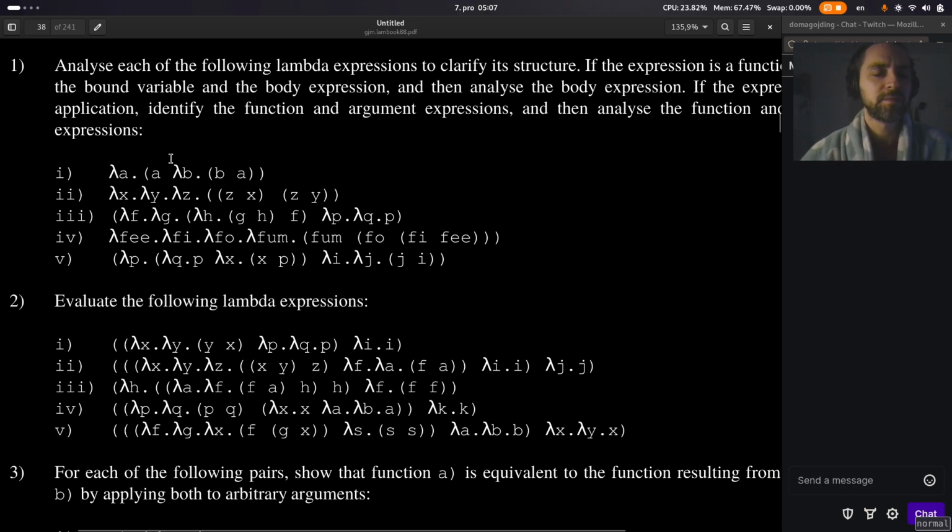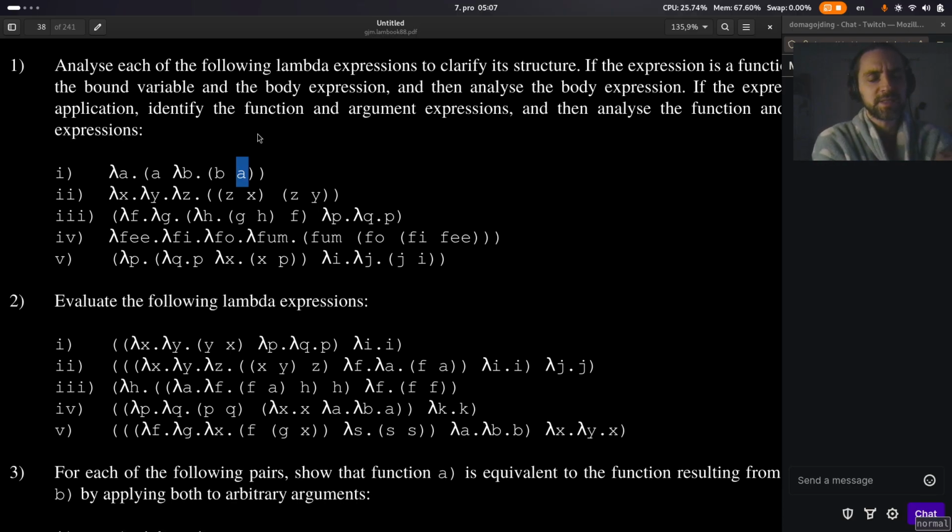Well, the a is a free variable. If we look at this scope, this a is not the same as this a, right? So this is free and this is bound. This a is bound. Well, no, actually, interesting. This a is bound with this a, and this a is free.